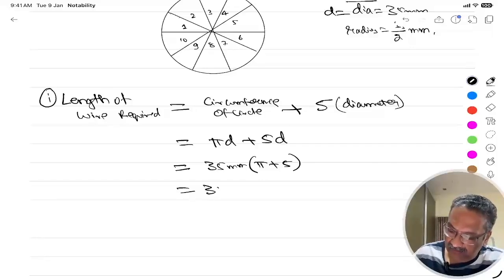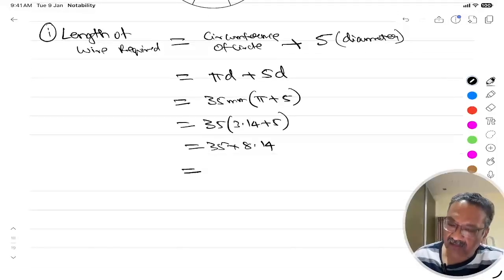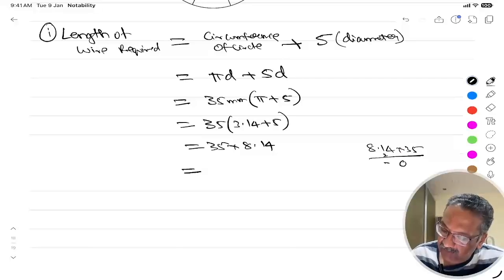35 into 3.14 plus 5 is 35 into 8.14. All right. So if you solve this, you will get this. How much will you get? 35 into 8.14, 35, 5 4 20, 7 40 70 plus 12 to 1 carry, 24.